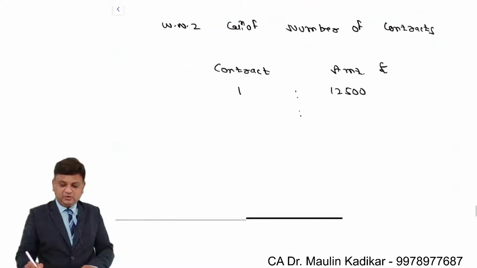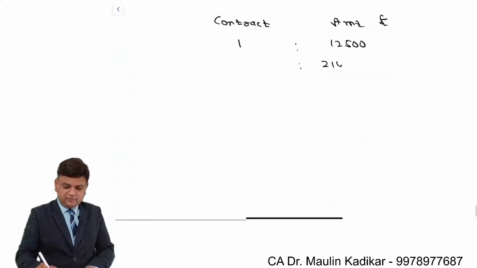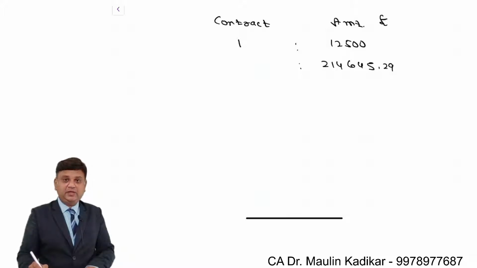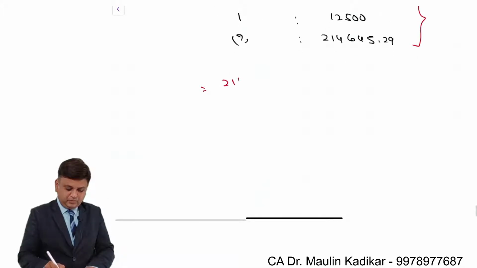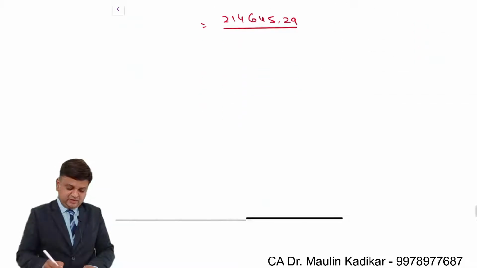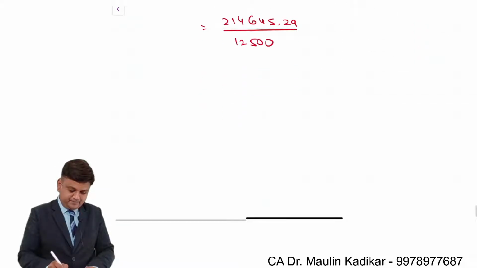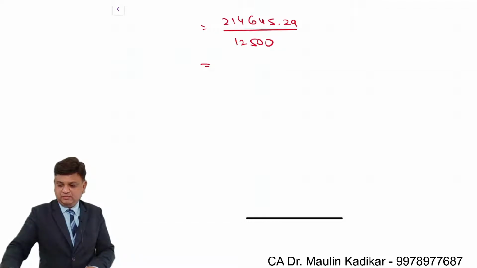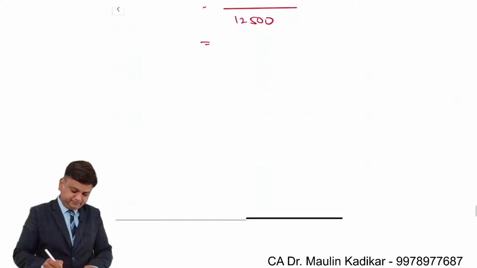We need to enter into the transaction for 2,14,645.29 pound. It is equal to this number of contracts: 2,14,645.29 divided by 12,500. So the answer comes to 17.17.